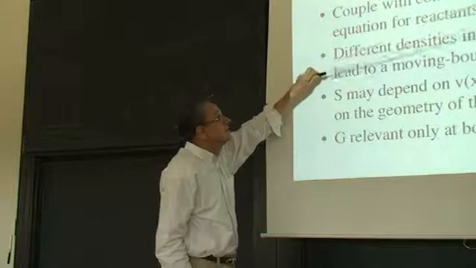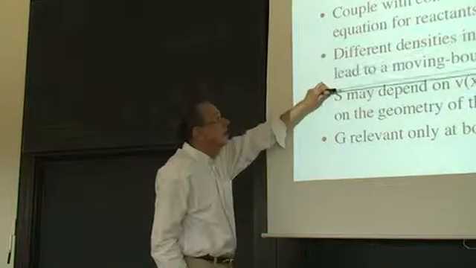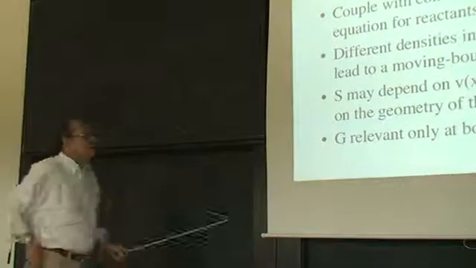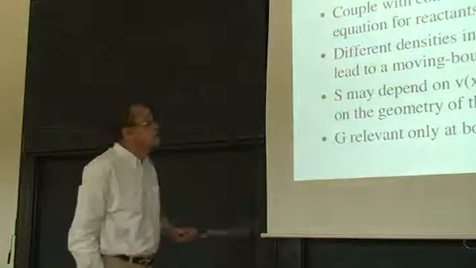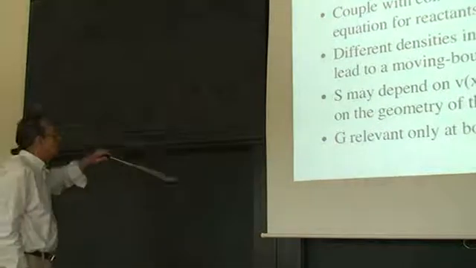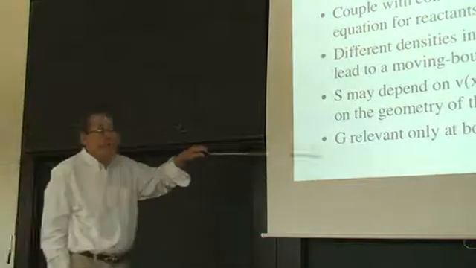Different densities in reactants and products. It's a moving boundary problem because you don't know where the boundary is, but the G equation would tell you how the boundary moves.